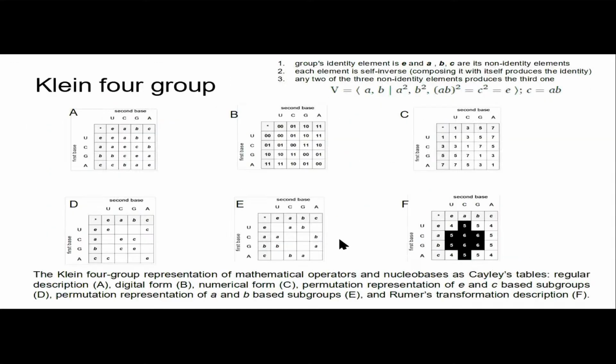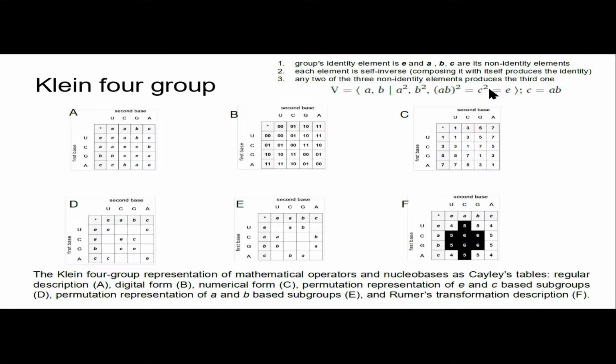I will skip this. Okay, Klein groups are a useful tool for manipulating with 4 operators. We have non-identity elements and identity elements, of course.